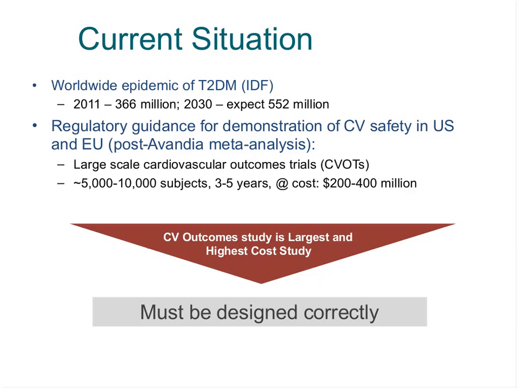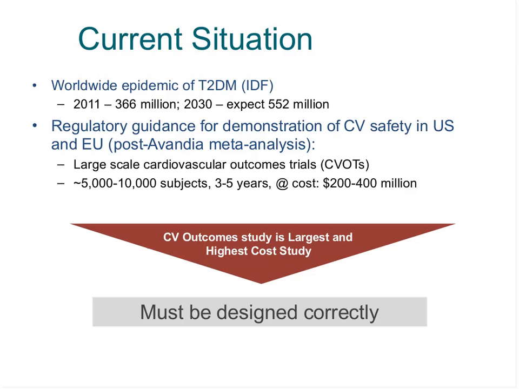As most people are aware, the first NDA submission of dapagliflozin did not include a separate cardiovascular outcomes trial. These trials can range from 2,000 to more typically 5,000 to 10,000 subjects, or as I'll show you shortly, 16,500 subjects.